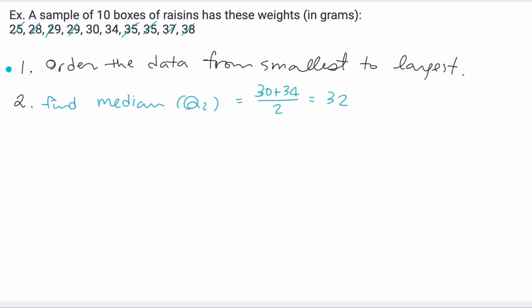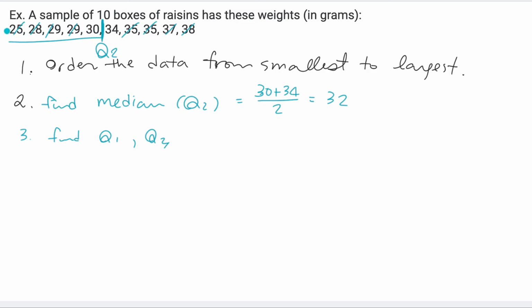So we found Q2. Then next, you need to find Q1 and Q3, right? The other quartiles. So find Q1 and Q3. You already have Q2. The median is right here. That's Q2. Okay. To find Q1, you need to look at the lower part of the data.